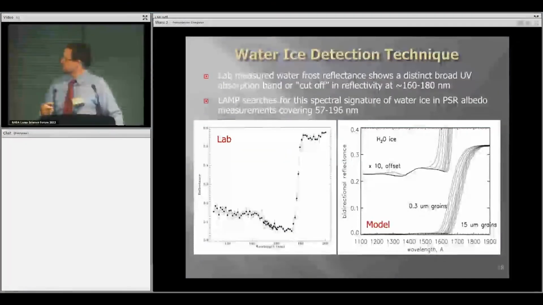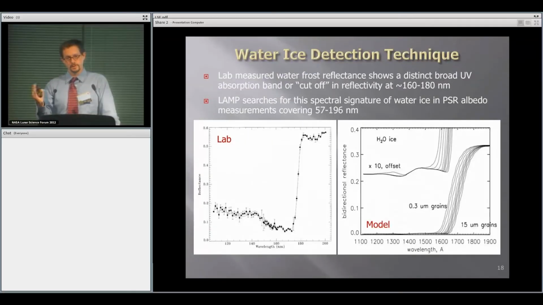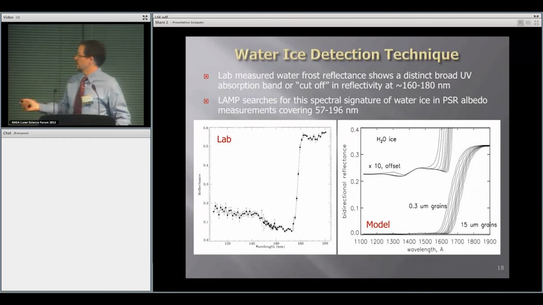Okay, so at ultraviolet wavelengths, there's a diagnostic spectral feature for water frost. And we've known this since the Apollo era, where Wagner, Hapke, and Wells did some measurements in the lab to show that there's an absorption edge or band right around 170 nanometers.